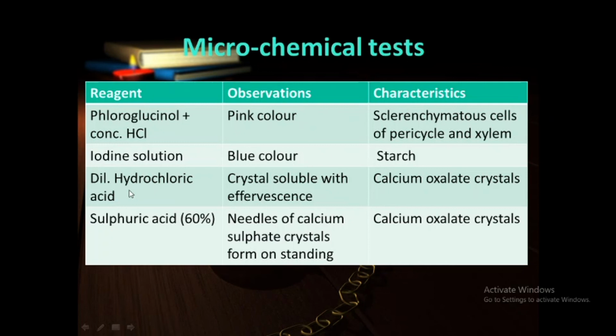The prism and cluster shaped calcium oxalate crystals will dissolve with effervescence in dilute hydrochloric acid, and in presence of 60% sulfuric acid, needle shaped calcium sulfate crystals are formed from calcium oxalate crystals. So these are the important microchemical tests.